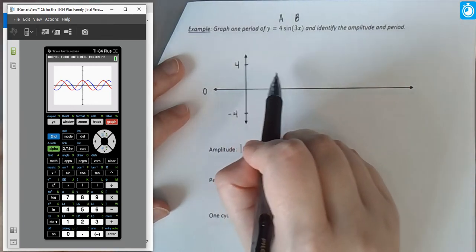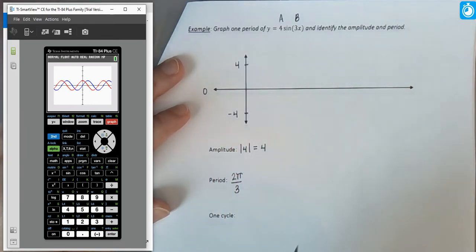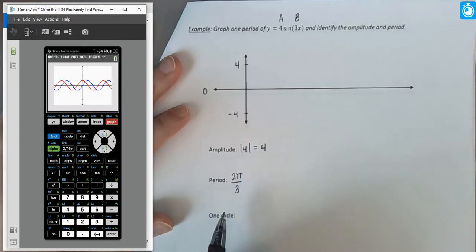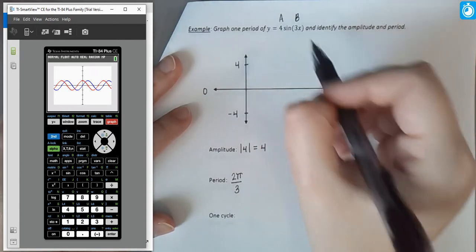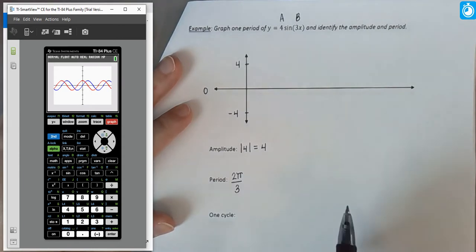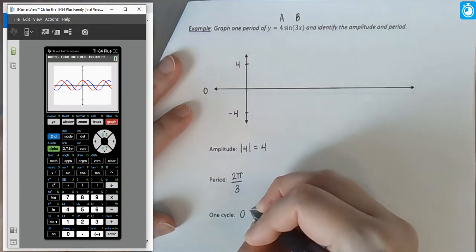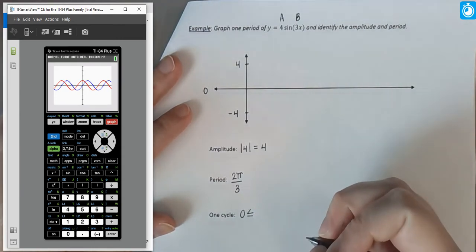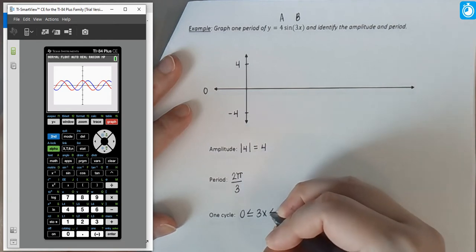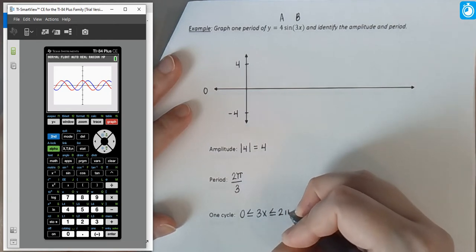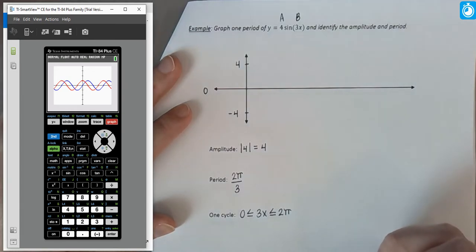Now what we want to know is, what's the actual cycle going to look like? How are we going to cycle as we go across the whole period of this function? So our standard cycle for our standard input goes from 0 to 2 pi. What we want to determine is, how does this change on our input affect that cycle? So our standard cycle goes from 0 to 2 pi, which means our input, 3x, is also graphed from 0 to 2 pi.